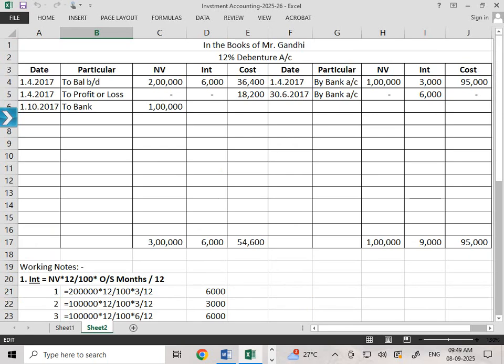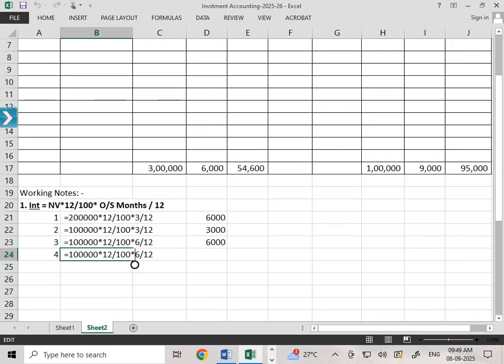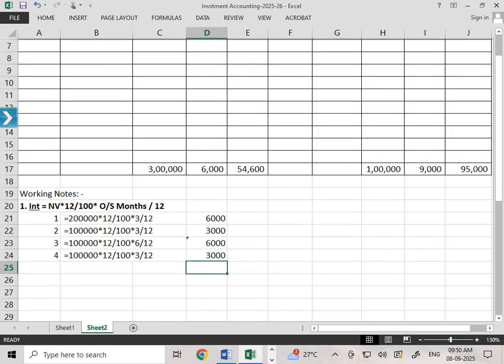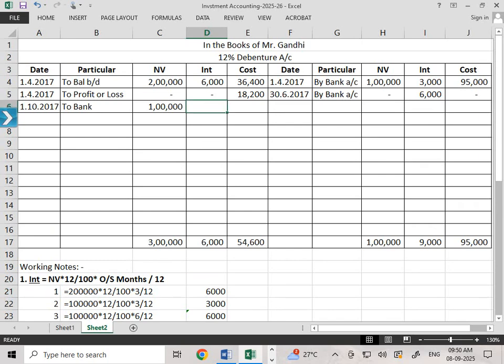So July, August, September will come, October will not come. So how many months? 3 months. So 3 months you have to calculate instead of 6. How much it comes to? 3000. Right? So interest is what? 3000.